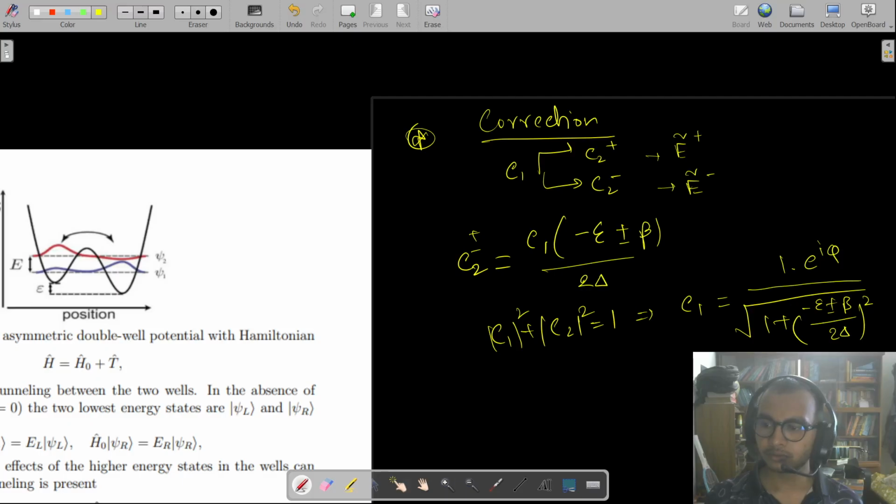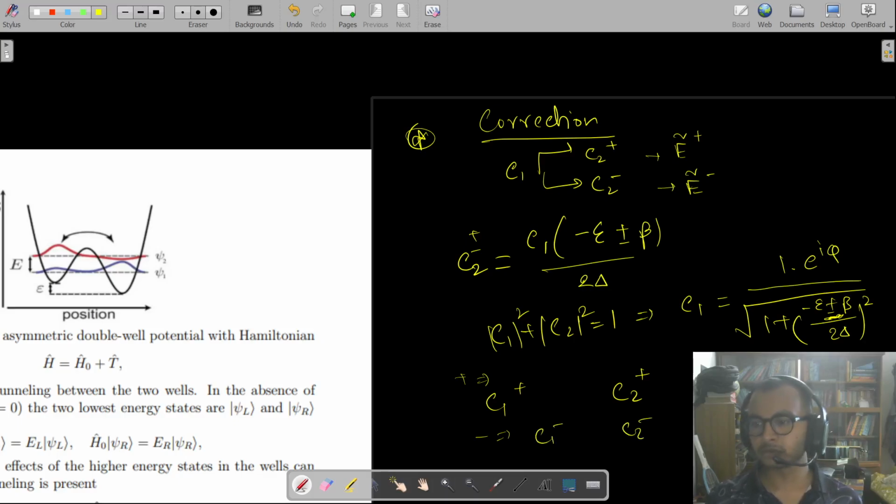So you have two different values of C1. When you take the plus sign here, you would have C1 plus, and correspondingly you'd have C2 plus. For the minus sign, you have the same thing.